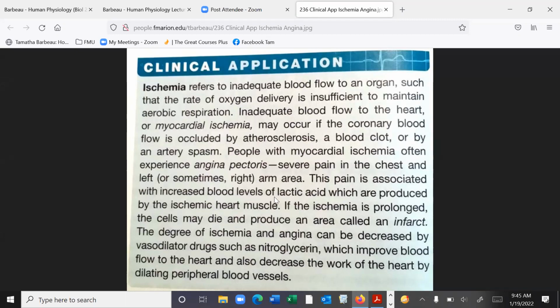The pain is associated with increased lactate or lactic acid produced by the heart muscle, which is being forced to respire in the absence of oxygen because there's a blockage. The cells, if not caught early, can die, and that's permanent. Once heart cells are dead, that's permanent heart damage.